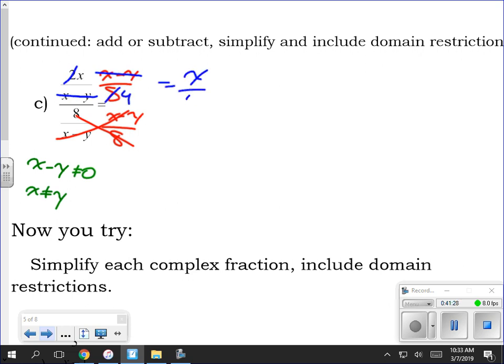So I get x over 4. Oh, isn't that pretty? Something nice, sweet, simple. Almost everything is gone. Okay? Invert multiply. Compound fractions are actually very easy to deal with, to get just one fraction.